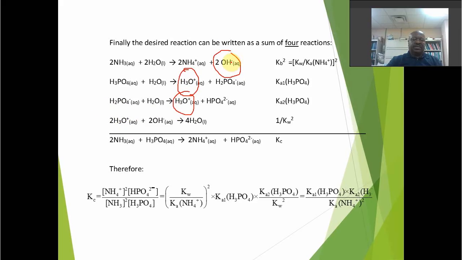This is on the product side, get rid of it, I'll write it on the reactant side. And this and that give H2O. Well, that tends to be a Kw reaction written backwards. And this is 2, 2, and 4. We're familiar with 1, 1, and 2. So this must be 1 over Kw squared.